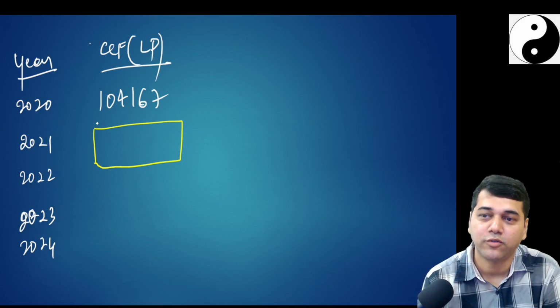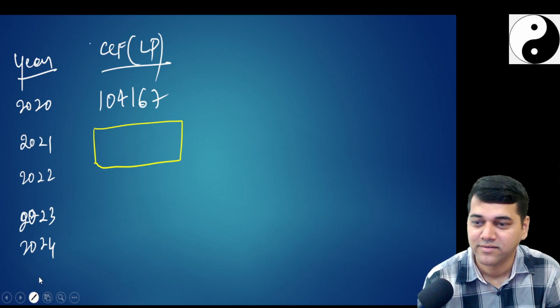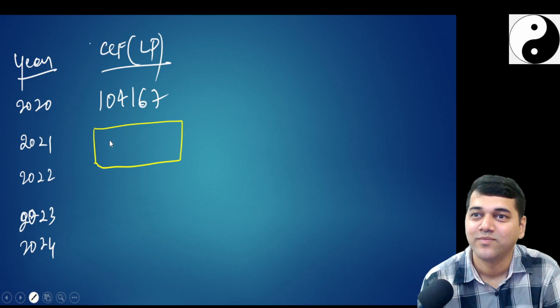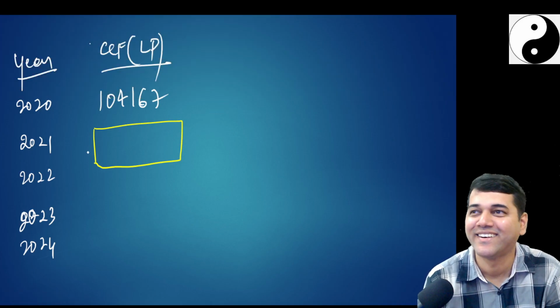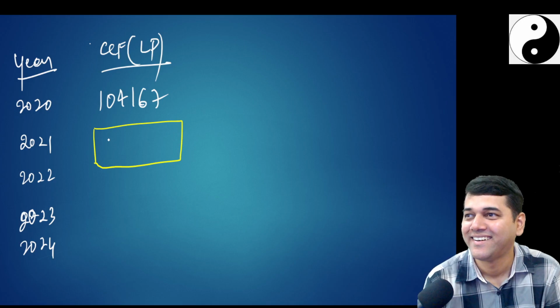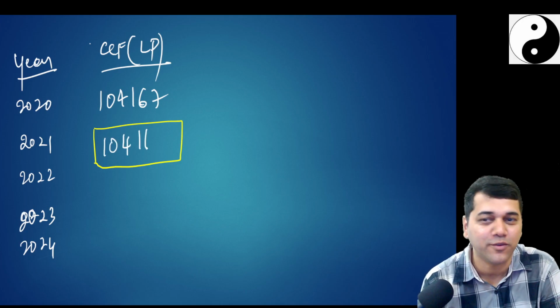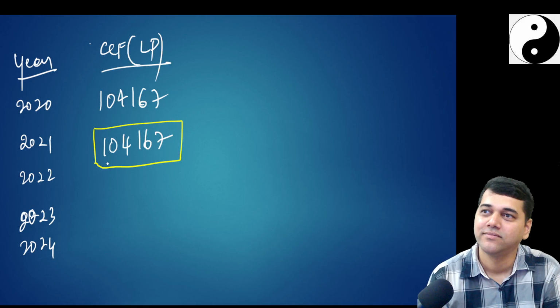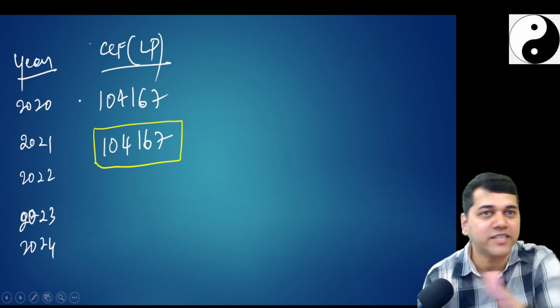Others, that's what I marked here, the gray area, the slippery area. 1,08,000. Okay, so it is 1,04,167, 2020's rent. I was just explaining.